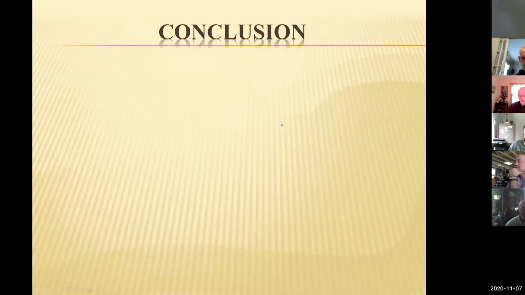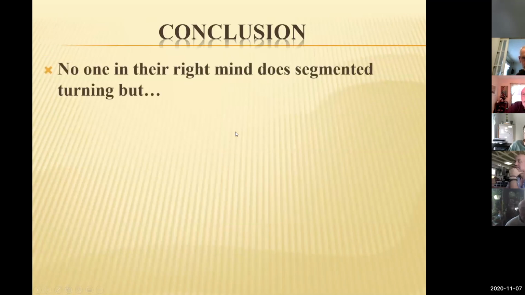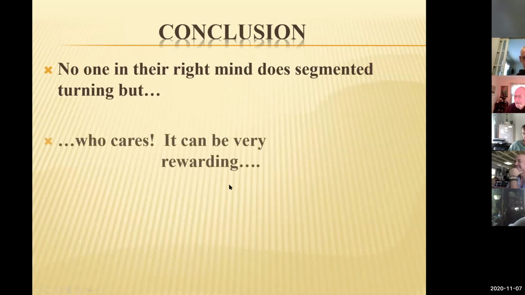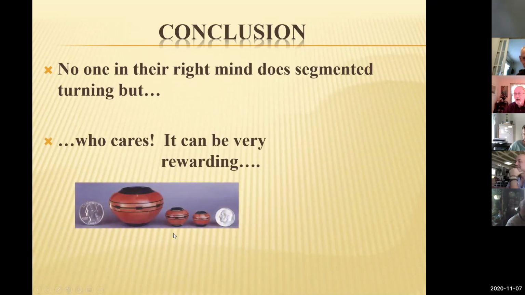Okay, well, in conclusion, no one in their right mind does segmented turning. Okay, I accept that. But it doesn't matter. Who cares? If you want to get into segmented turning, you can get into it on a very tiny scale. Just tip your toe in the segmented turning water by making little pieces like this.